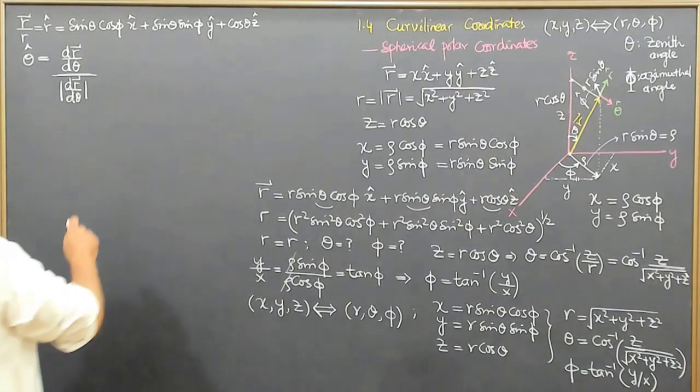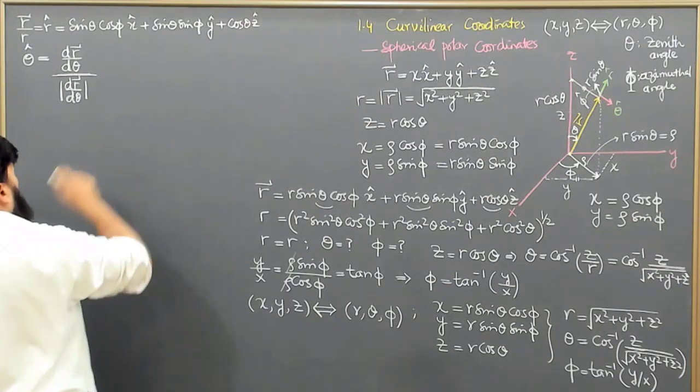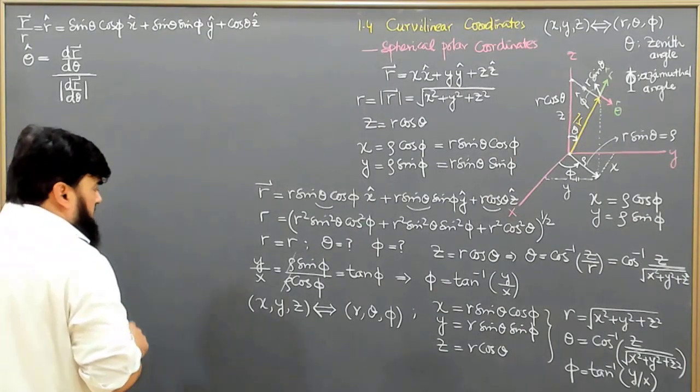Now the very first thing: what about the magnitude of dr over d theta?